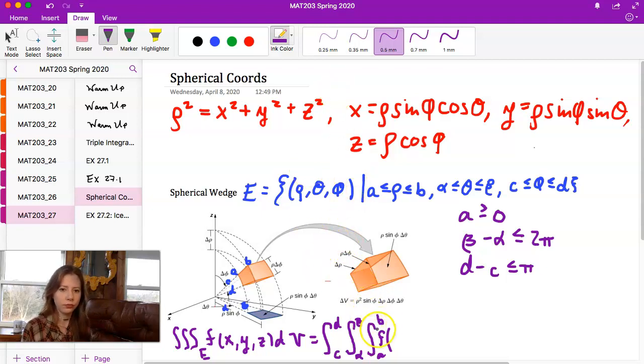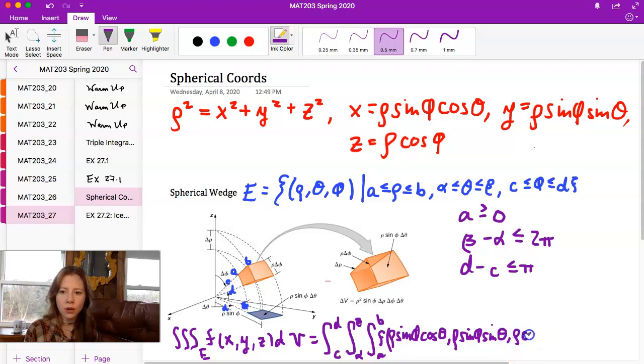So now x is, of course, rho sine phi cosine theta. Y is rho sine phi sine theta. Z is rho cosine phi.